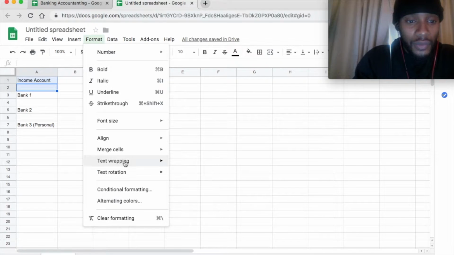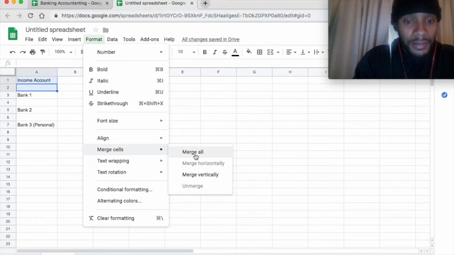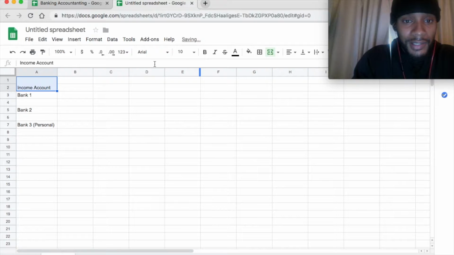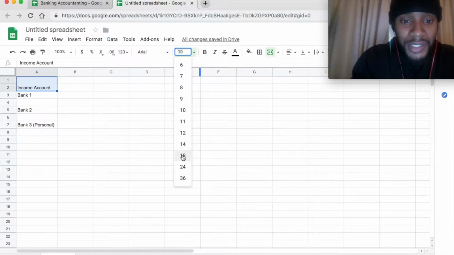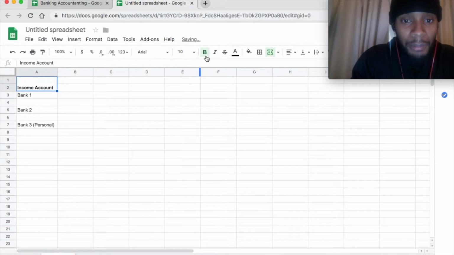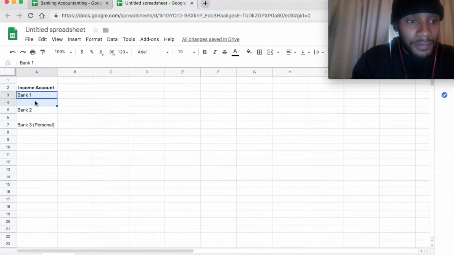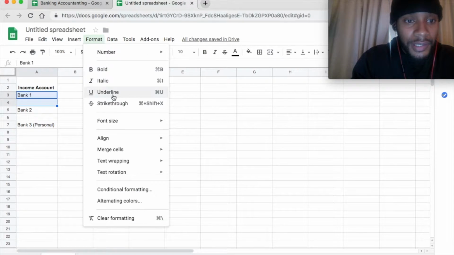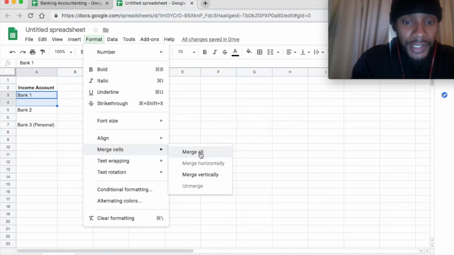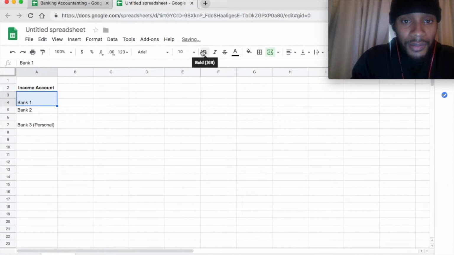I like to get them nice and pretty there. So we're going to get that a little extra size. Well, now we're actually just going to bold that and center it out. Bank 1, let's do the same thing. Merge those cells, bold, center.